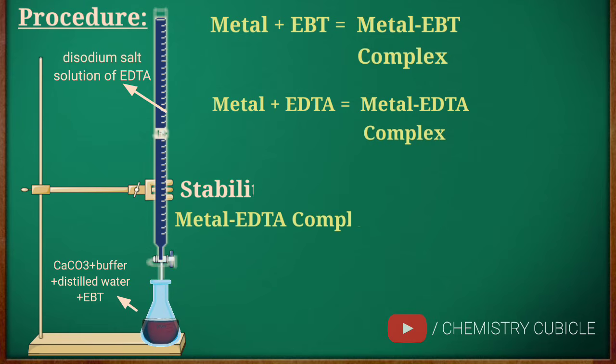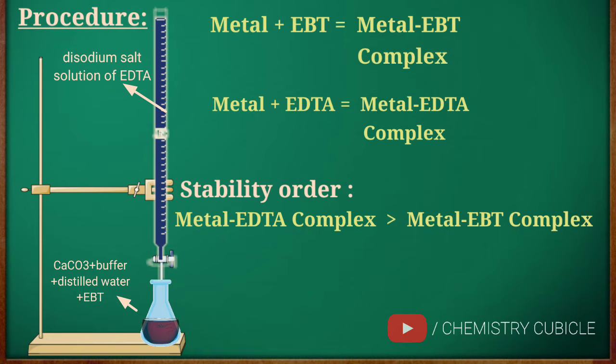The stability of the metal-EDTA complex is greater than that of the metal indicator complex. The solution is initially wine red due to the metal indicator complex, and as the titration proceeds, the metal ion forms a more stable complex with the EDTA. Hence, the indicator anion has to go into the solution.